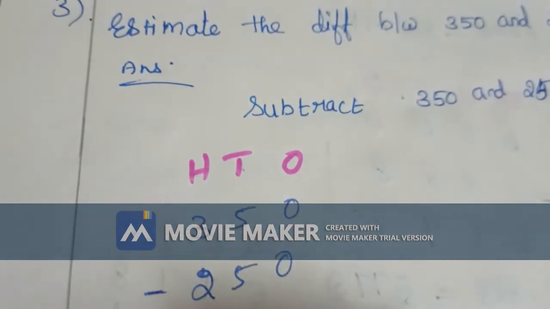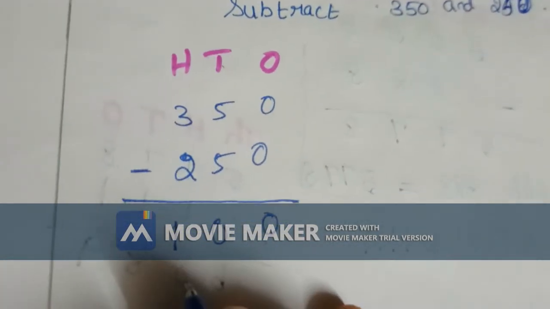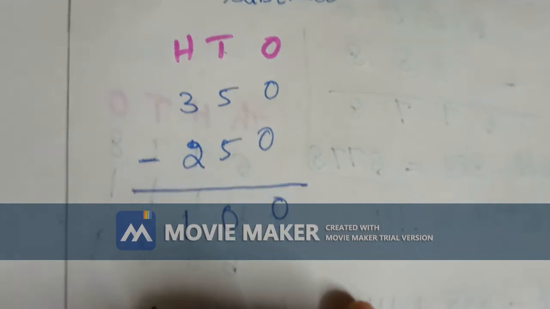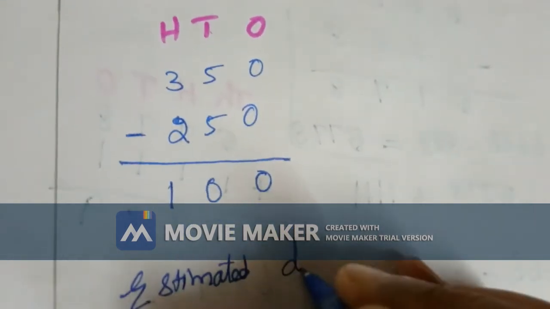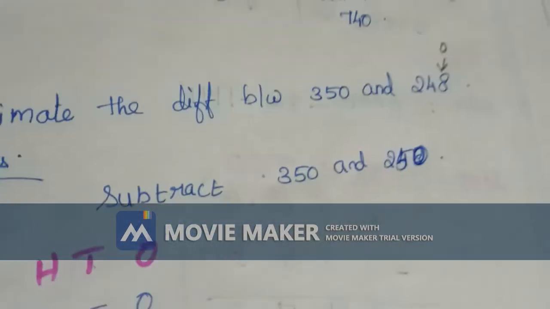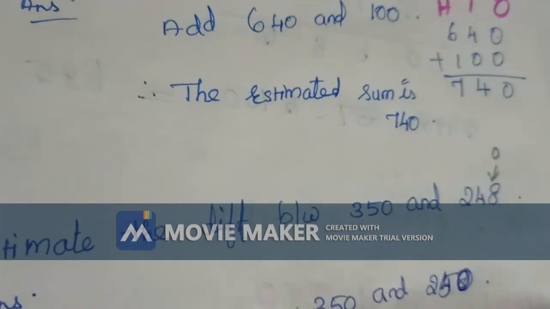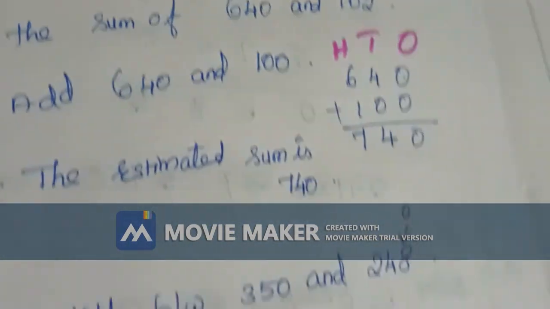So children, here the estimated difference is 100.